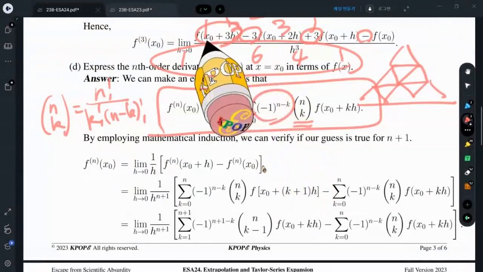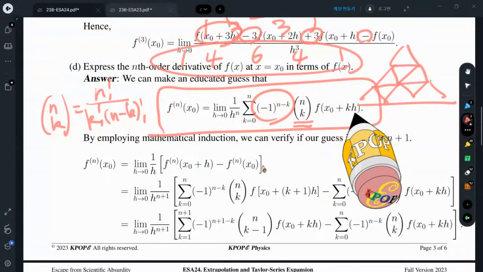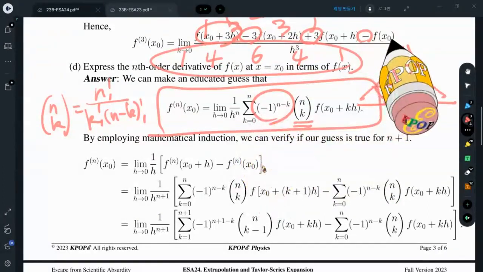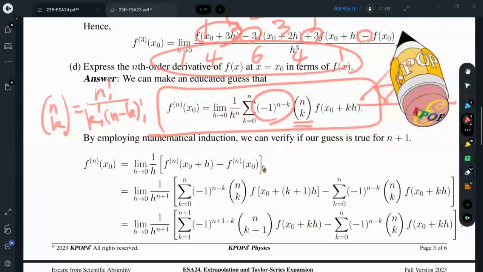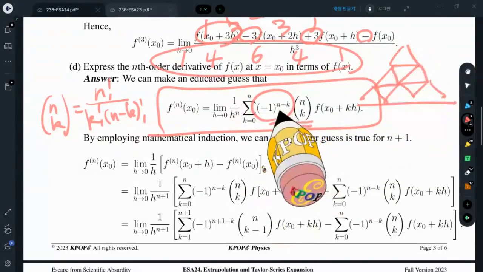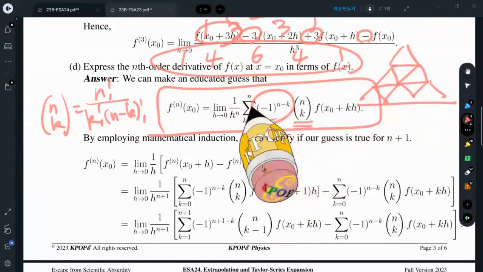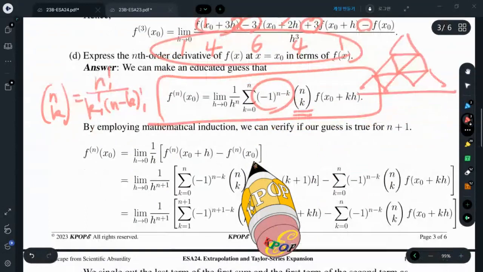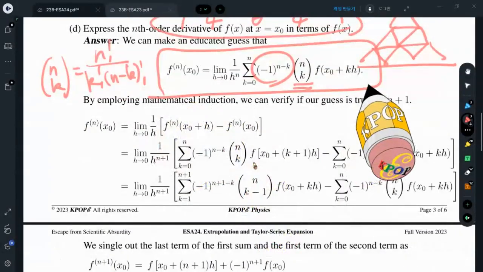In the argument, it is increasing by 1, from 0 to n. And from 0, this sign oscillates. Okay, let's see if it is true. This was our guess.